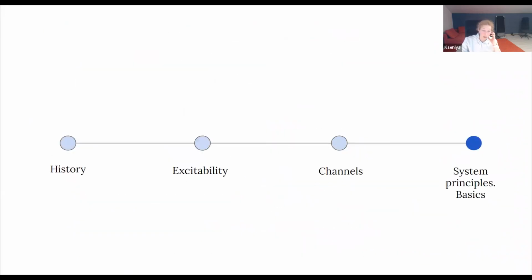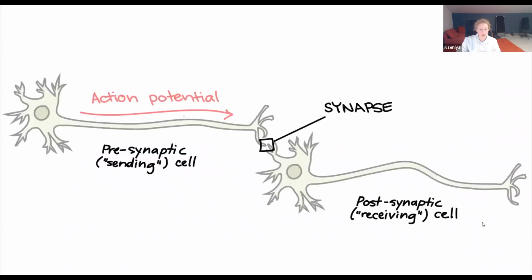And finally, a few words about system principles. As we decided earlier, one neuron transmits a signal to another, but this is usually not enough for the second neuron to generate an action potential as well.